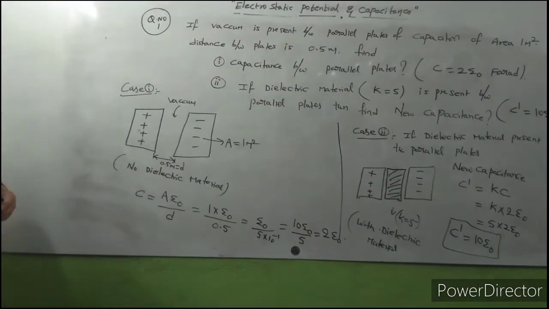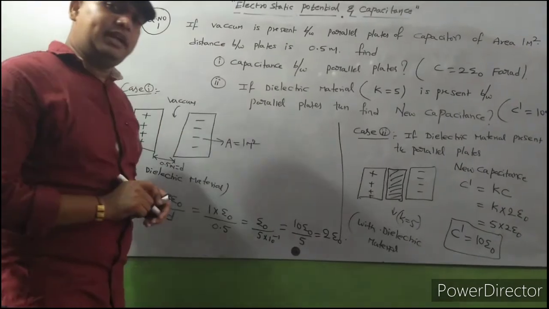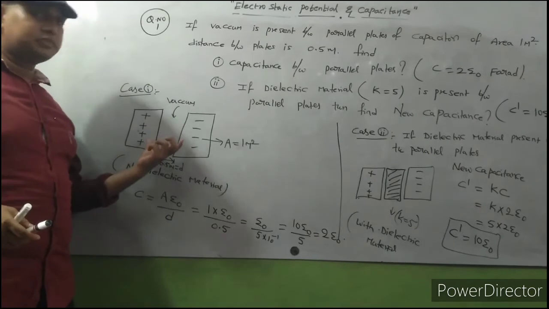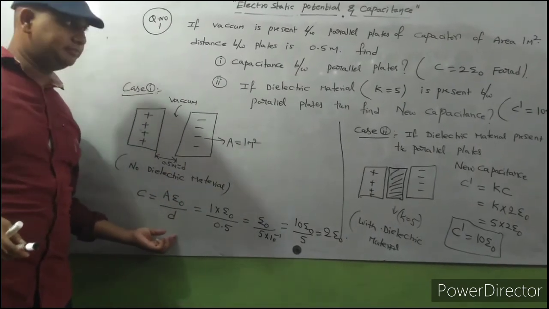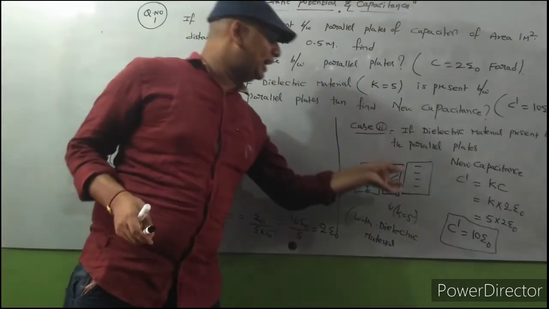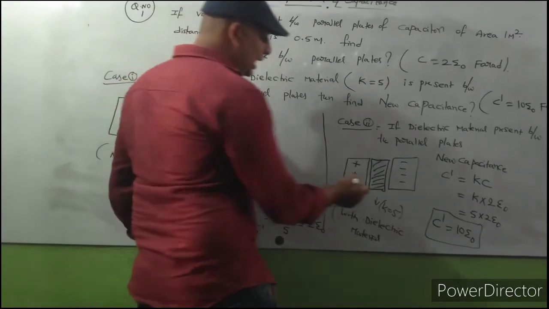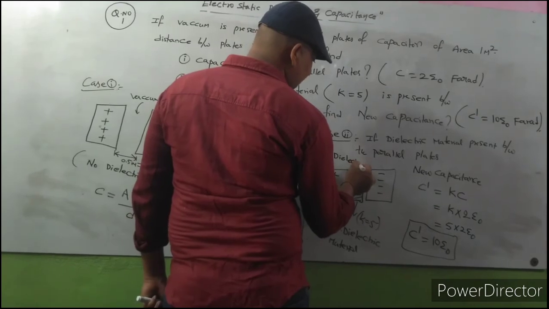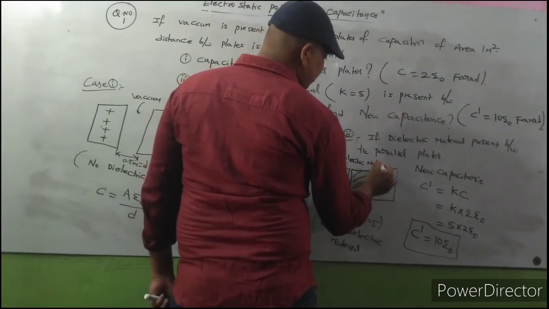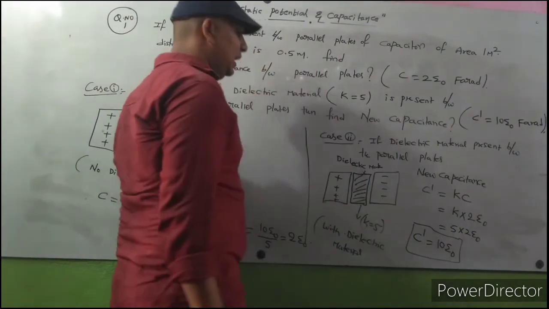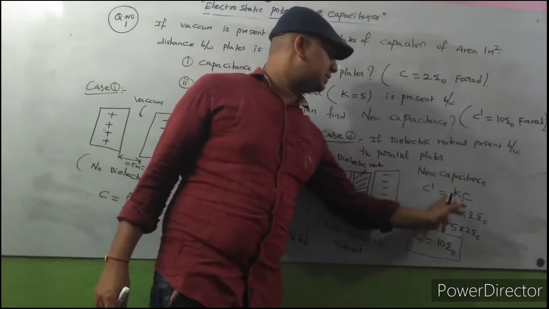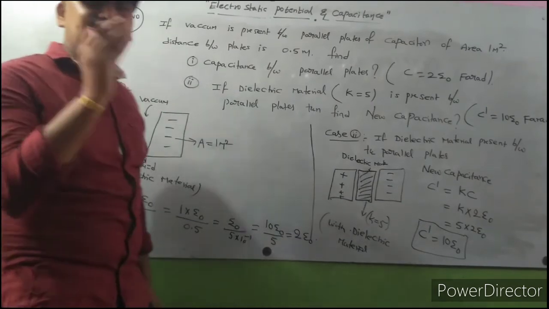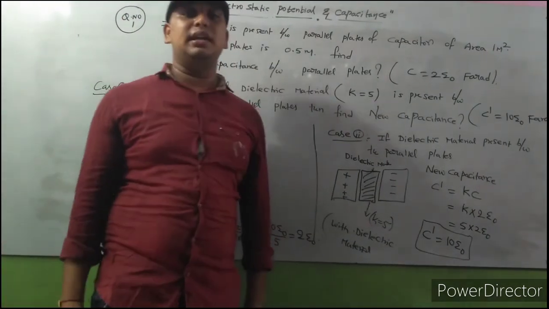So my dear students, if a dielectric material is not present, the capacitance of parallel plates has the formula A epsilon naught by D. If a dielectric material is introduced between the plates, the new capacitance changes to K into C, which becomes 10 into epsilon naught. That is the major use of dielectric material.